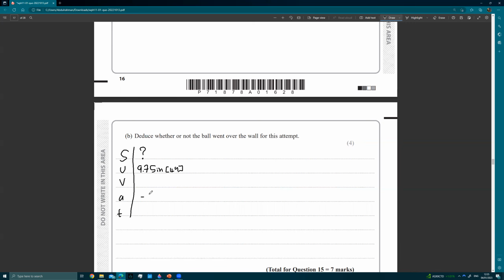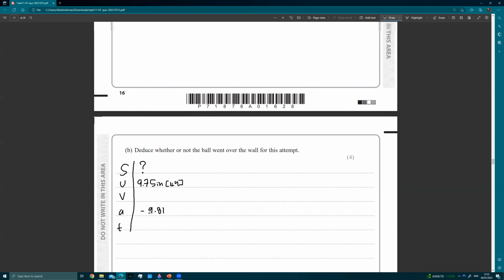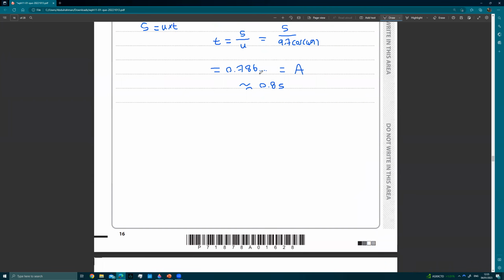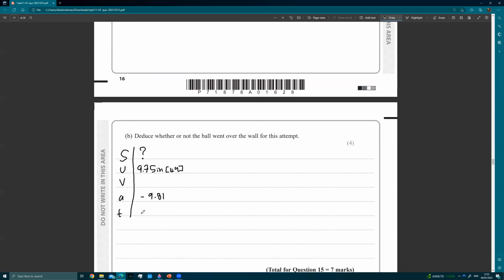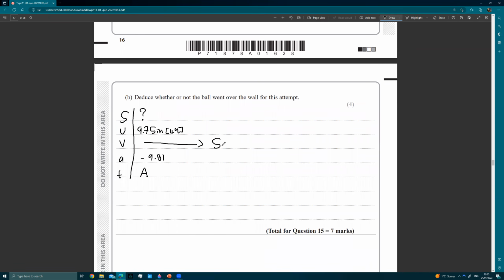Acceleration is always minus 9.81 vertically. And the time is what we worked out in the previous question, which is 0.786. I'm just going to write A, because I stored this value in my calculator. That leaves us with the equation S is equal to ut plus half at squared.